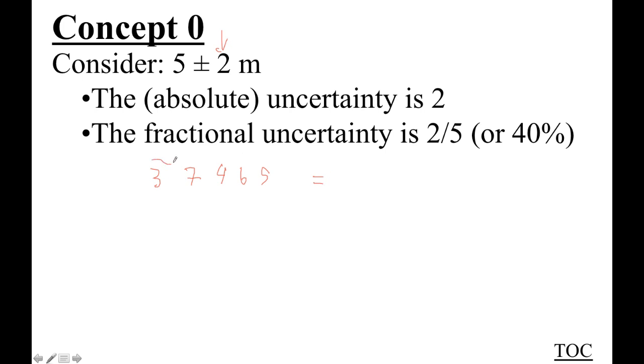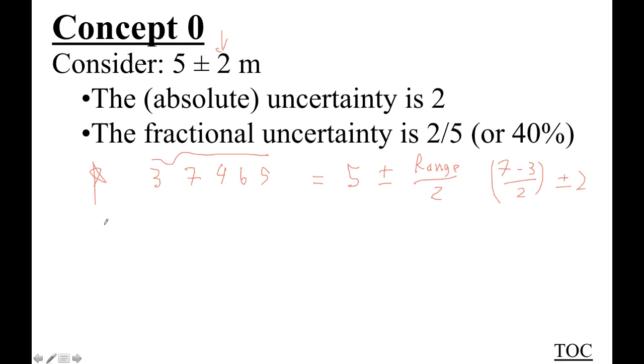Then we would say that it's plus or minus the range over 2. The range of this whole set is 7 minus 3, which is 4. 4 divided by 2 would be plus or minus 2. So that's one way to do it, right? If you have multiple readings of something, average them, and then its range over 2.